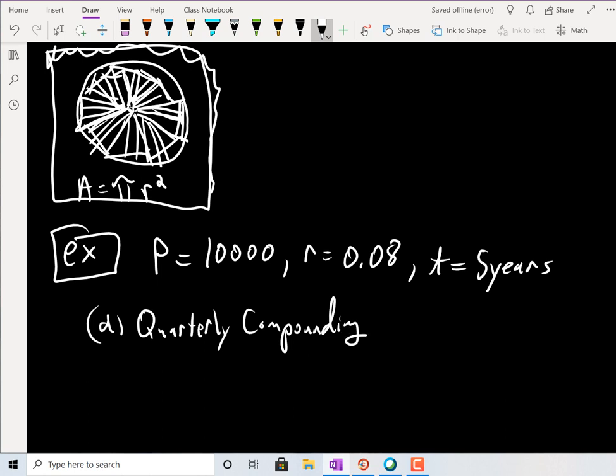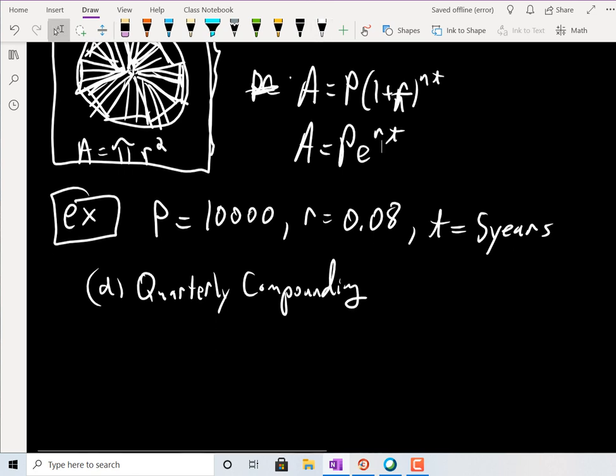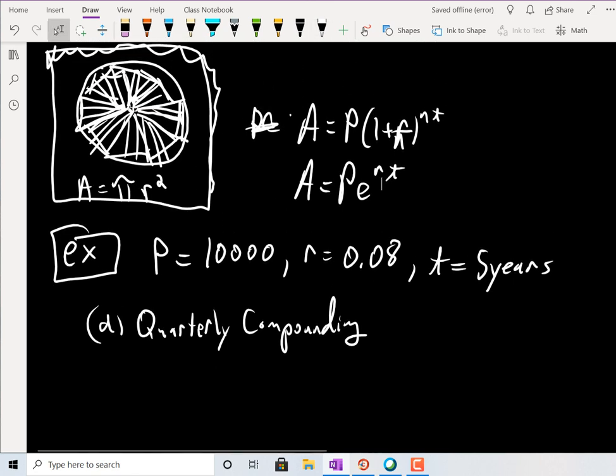So let me rewrite my formula just for reference. A equals P times 1 plus R over N to the NT. And then the other one, A equals P E to the RT.